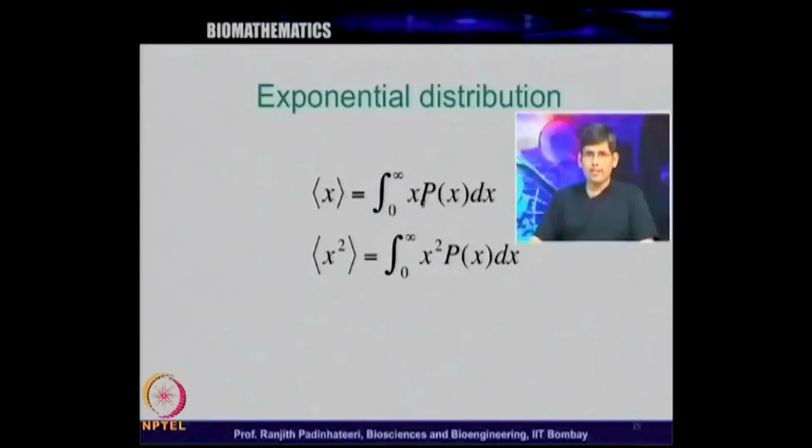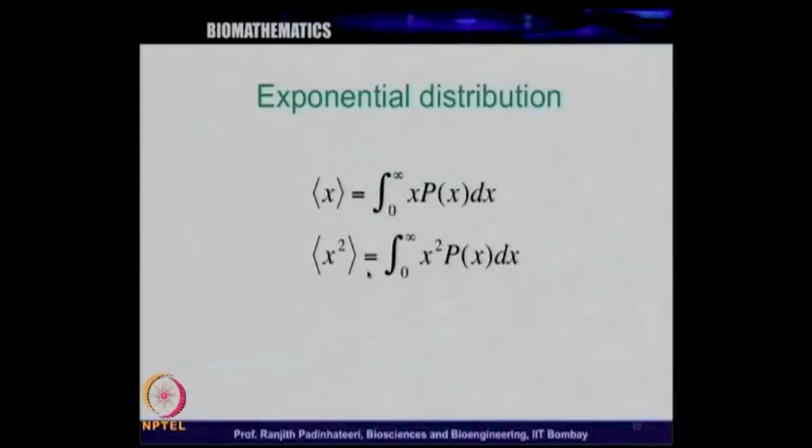So, x average is the integral from 0 to infinity of x p of x dx, and x square average is the integral from 0 to infinity of x square p of x dx. So, let us calculate x average and x square average. Let us first calculate x average.